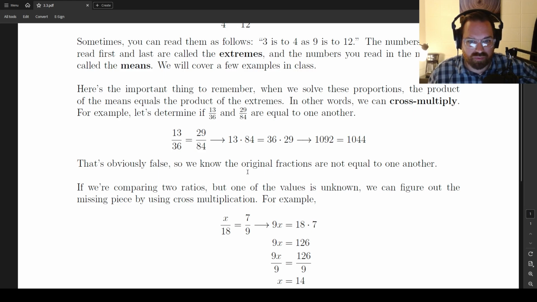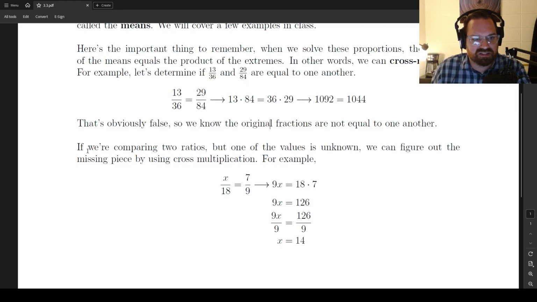So we know automatically as a result of that, the original fractions are not equal to each other. The product of the means and the product of the extremes, so the process of cross multiplication, they need to equal each other if the proportions themselves are actually equal. Okay, so this is one of those examples where we have an unknown.